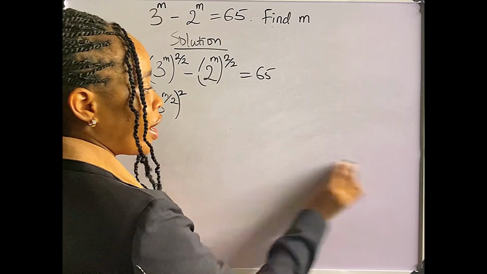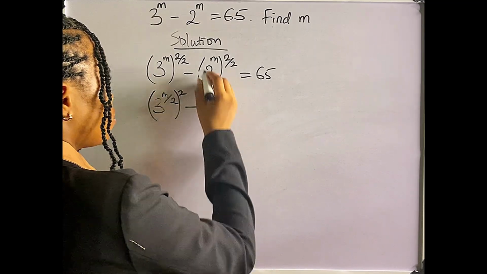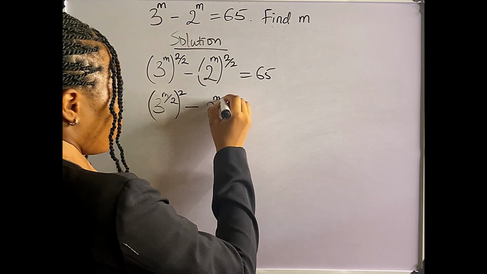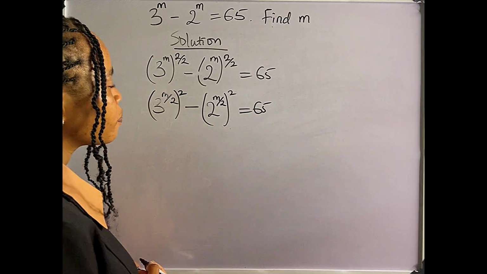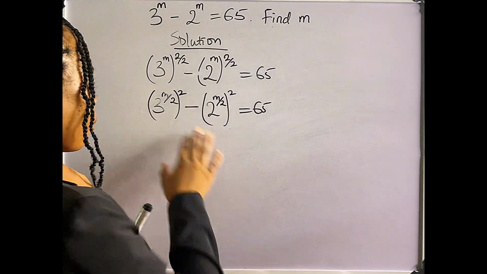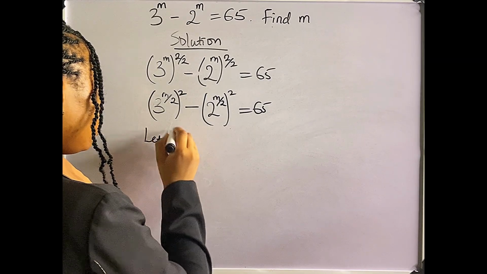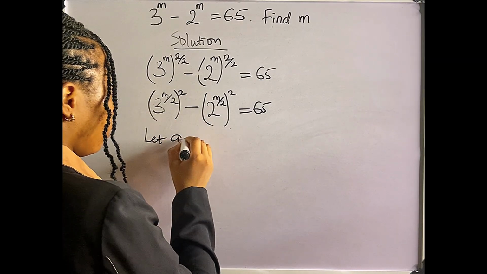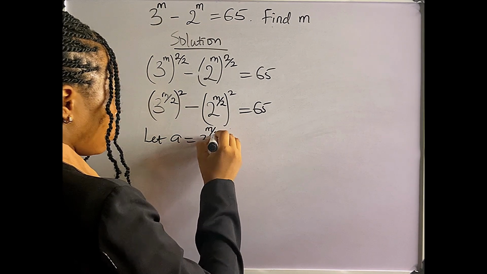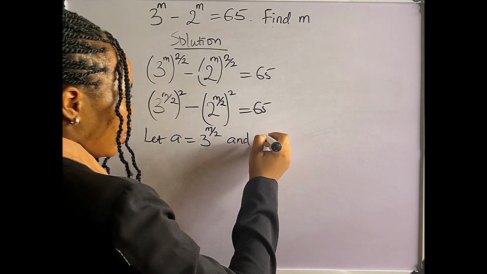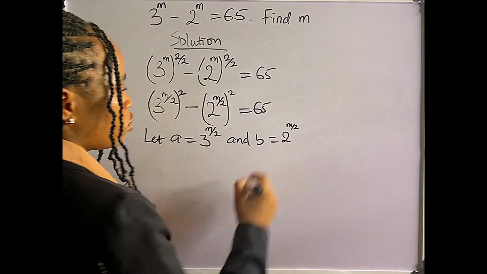Just because we are heading somewhere, the same thing here: we have minus 2 raised to the power of m over 2 all raised to the power of 2 equals 65. So now from here, I'm going to let a be equal to 3 raised to the power of m over 2 and b be equal to 2 raised to the power of m over 2.